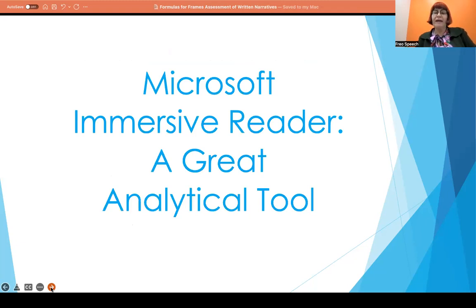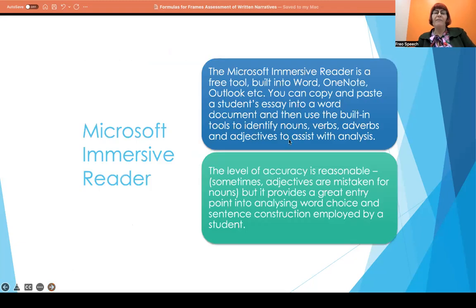One thing I'd really like you to have a look at, and I'm not going to demonstrate it here, I'm going to leave that up to you, is Microsoft Immersive Reader. It's an analytical tool that's built into Word or OneNote or Outlook, and you can copy and paste a student's essay or story into a Word document and then use the built-in tools to identify nouns, verbs, adverbs, and adjectives to assist with analysis.